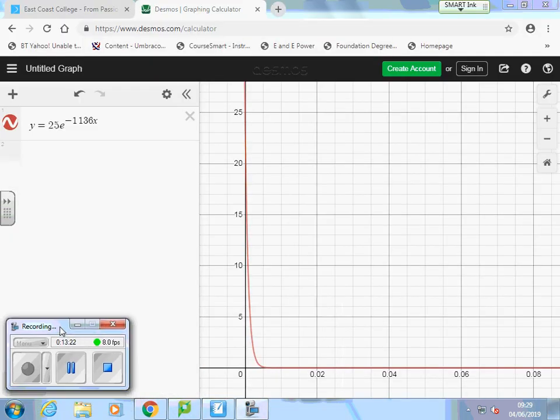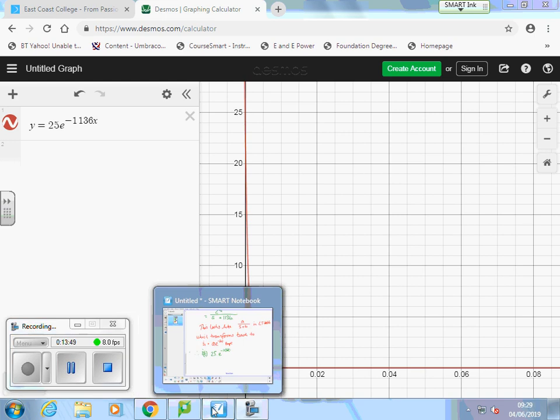So we graph that function. We start at time t equal to 0, 25. Yeah. And we go down to almost 0. Yeah. Not really. All right.